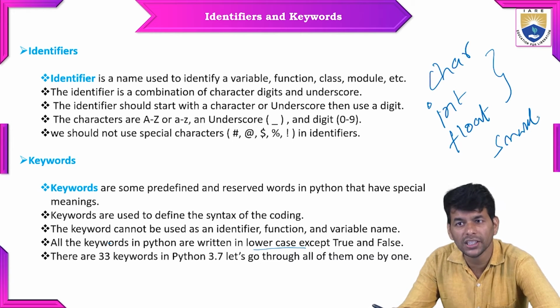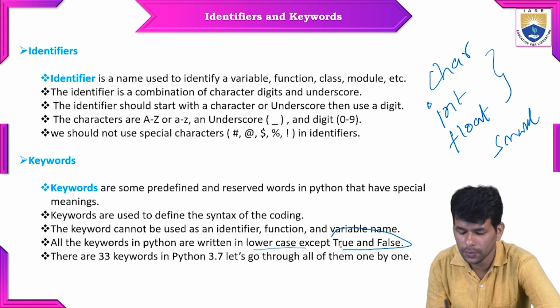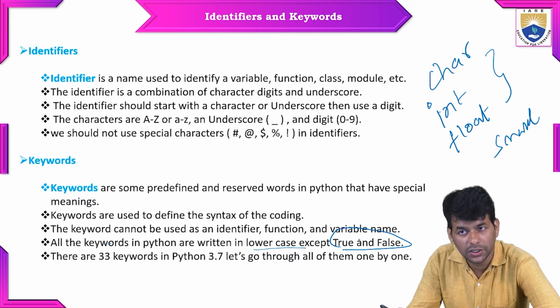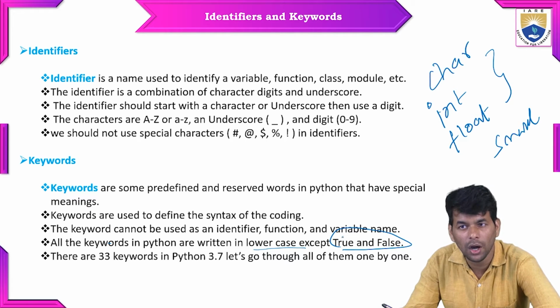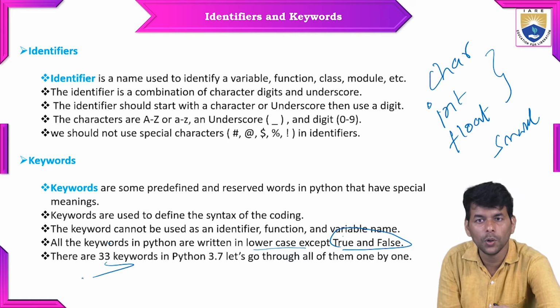I cannot use uppercase letters here except True and False. These True and False are the Boolean data types. So only for these two can I use uppercase letters. For all the remaining, we cannot use uppercase letters. This is about the fourth point, which is about the keywords. The next one is that we have 33 keywords in Python programming.